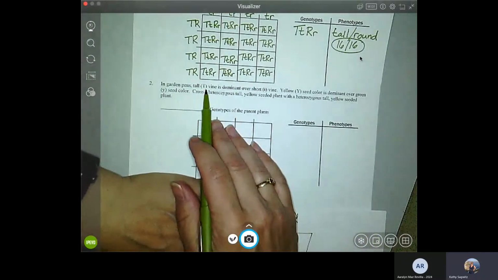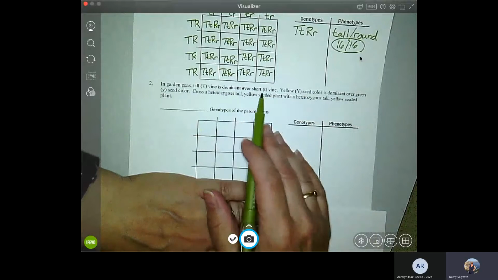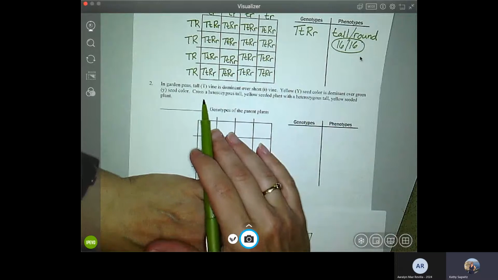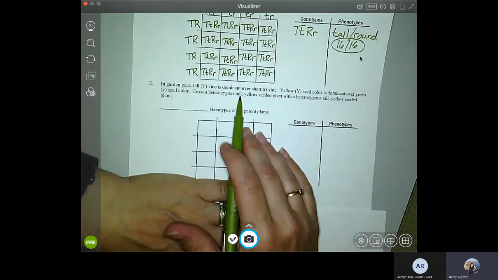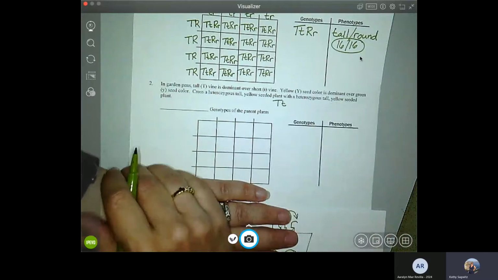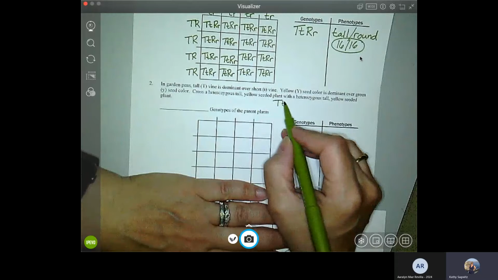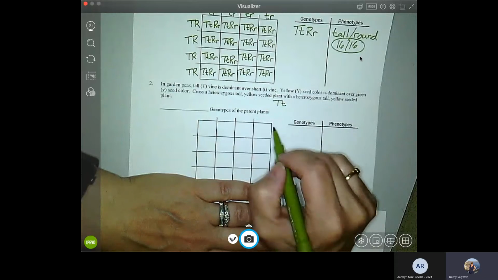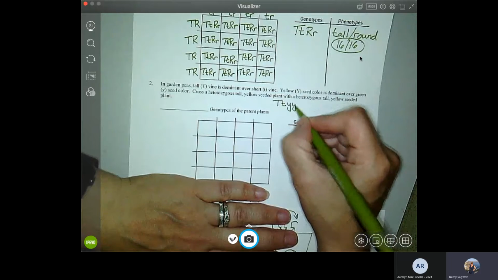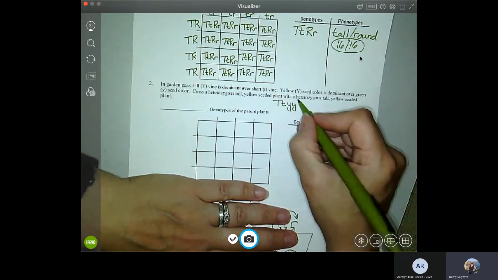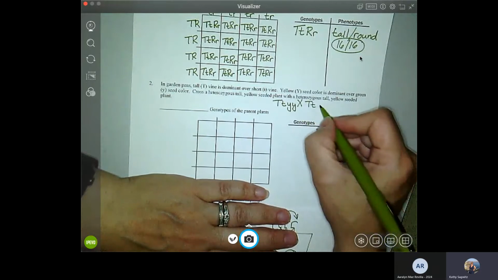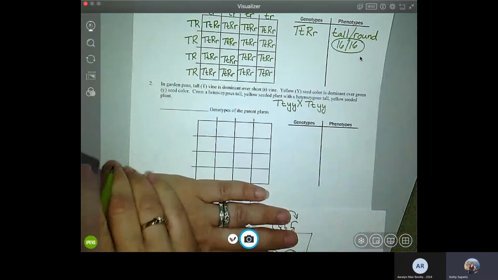In garden peas, tall vine is dominant over short vine. Yellow seed is dominant over green seed. Cross a heterozygous tall, so that means big T, little t, green seed plant, and green is recessive, so two small y's, with a heterozygous big T, little t, tall, green seed plant.